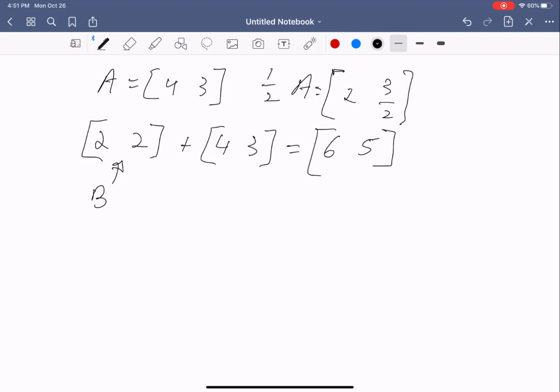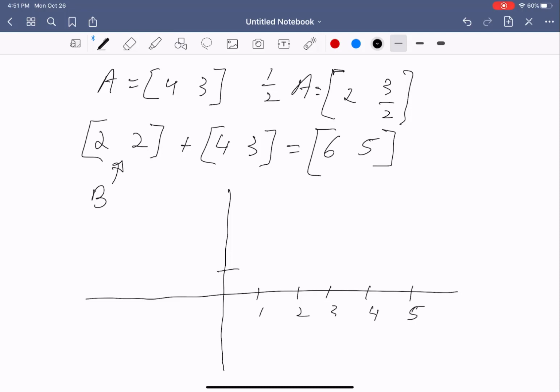If we were to plot this, we plot it like this here: 1, 2, 3, 4, 5, and 1, 2, 3, 4, 5. This is not to scale by any means. And I want a 6 here. So A is equal to 4, 3.